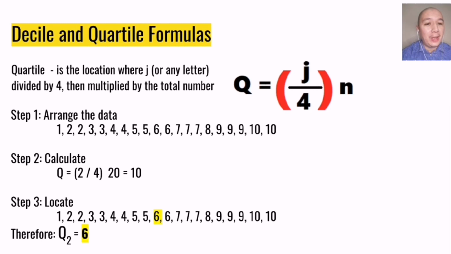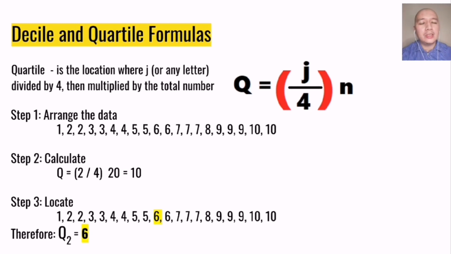That's not the answer yet. We are going to count the 10th digit in order to find the second quartile. If we count 1 to 10, we arrive at number 6. Meaning, the second quartile is 6.